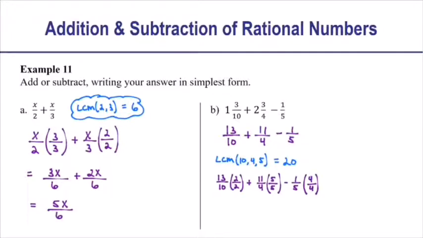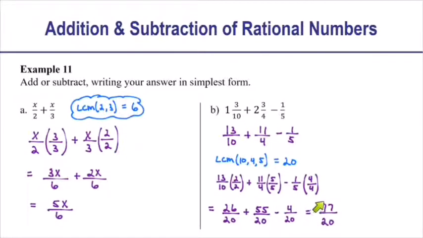And you can see that when we do the multiplications, we'll have the denominators we need. So this is going to be 26 over 20 plus 55 over 20 minus 4 over 20. And now we can just add and subtract. So 26 plus 55 is 81, and then 81 minus 4 is 77, so we have here 77/20.